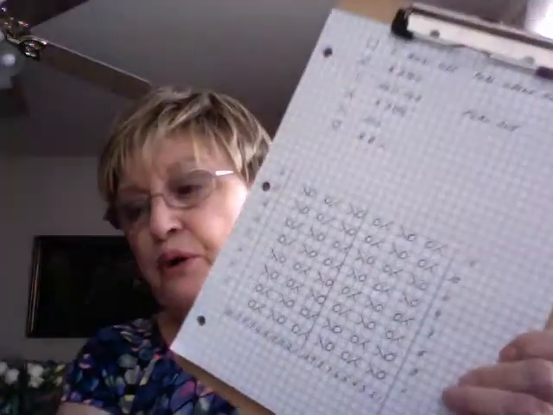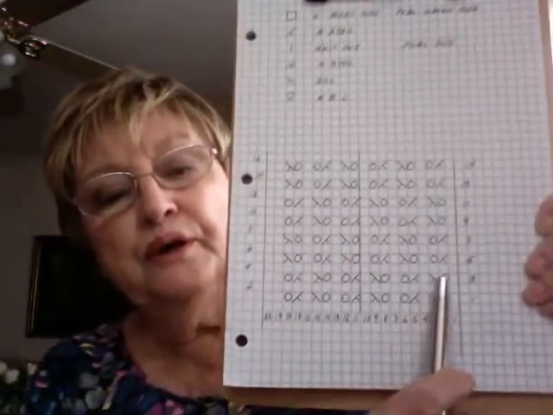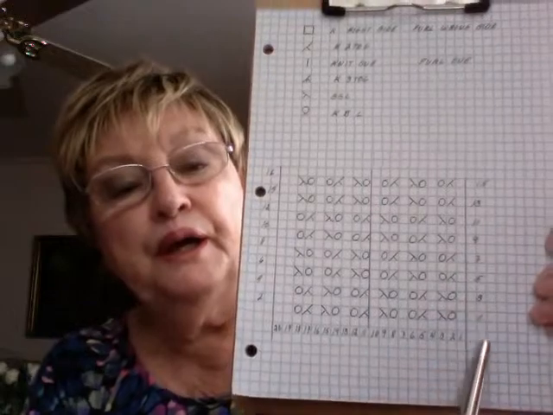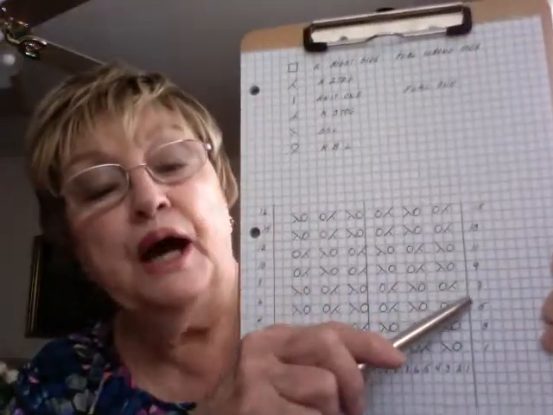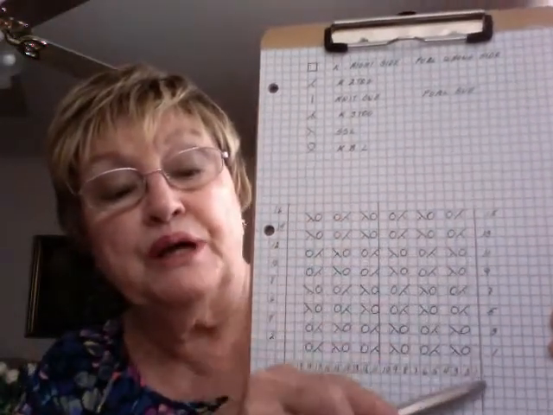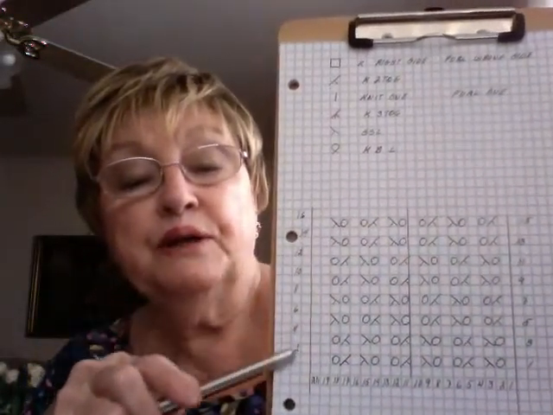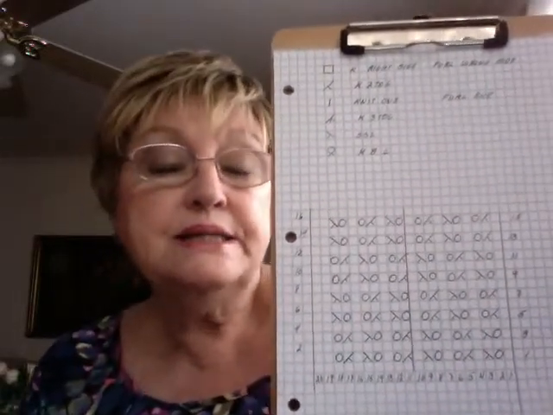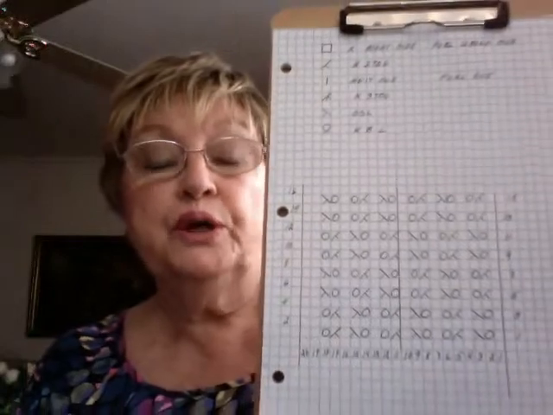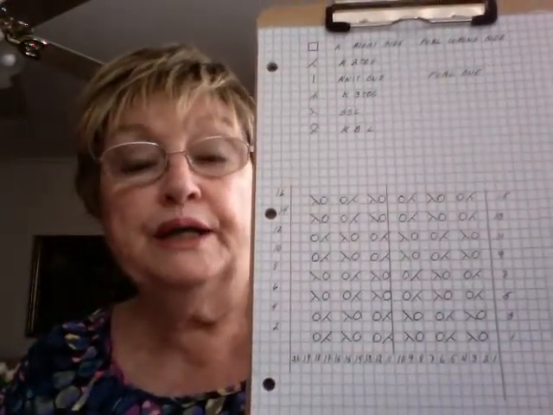Yeah, well, the even number rows are the wrong side. So the odd number rows are the right side, and the even number rows are the wrong side, unless they ask you to start with a wrong side.